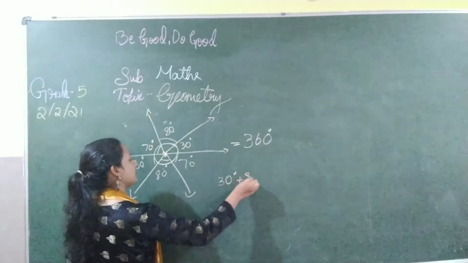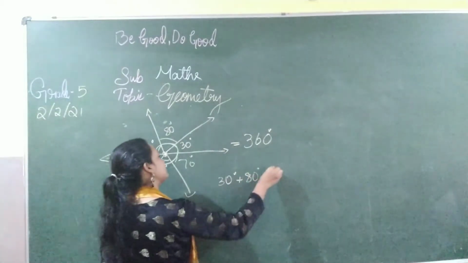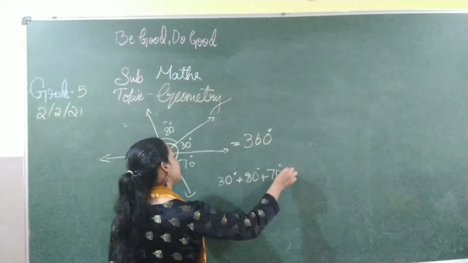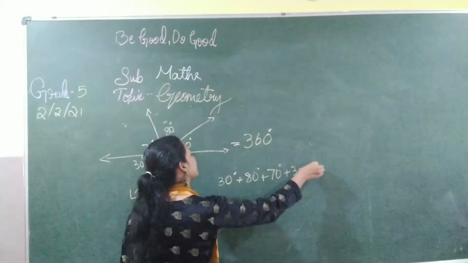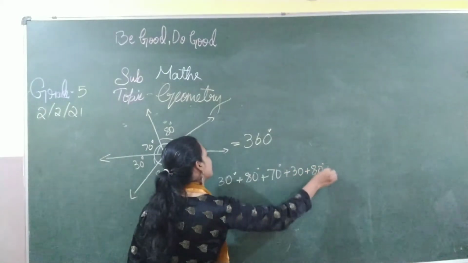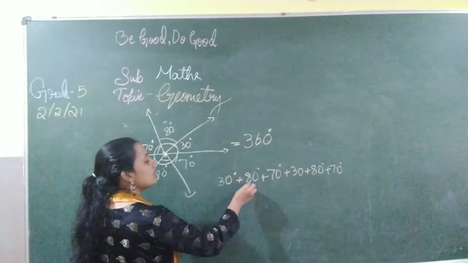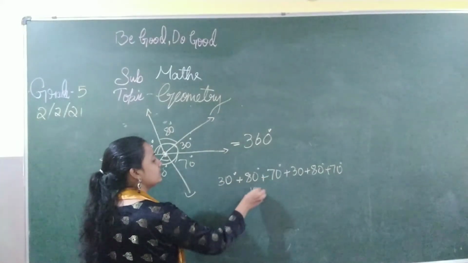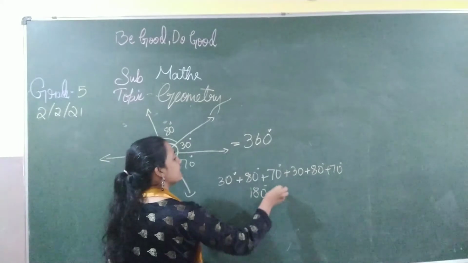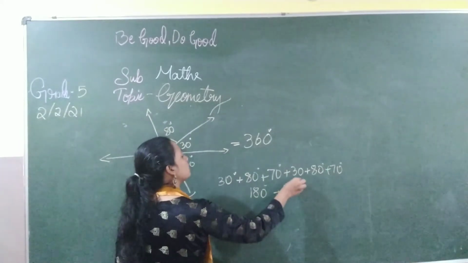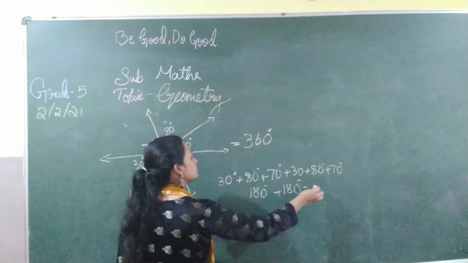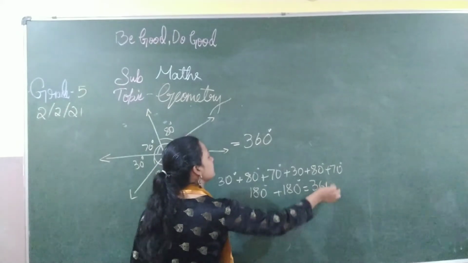30 plus 80 plus 70, again plus 30 plus 80 plus 70. So 30 plus 80 and 70 is 180 degrees. Again I have the same thing, 180 degrees. So 180 plus 180 will be equal to 360 degrees.